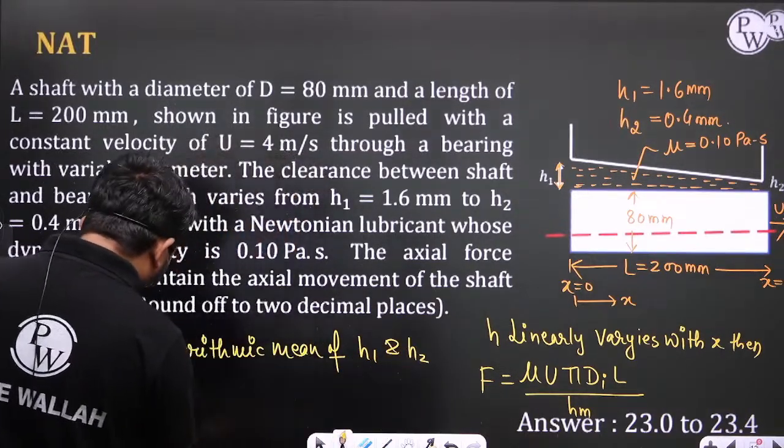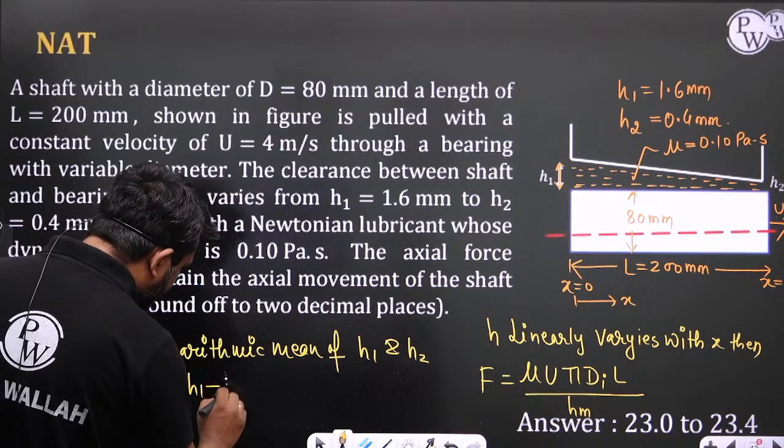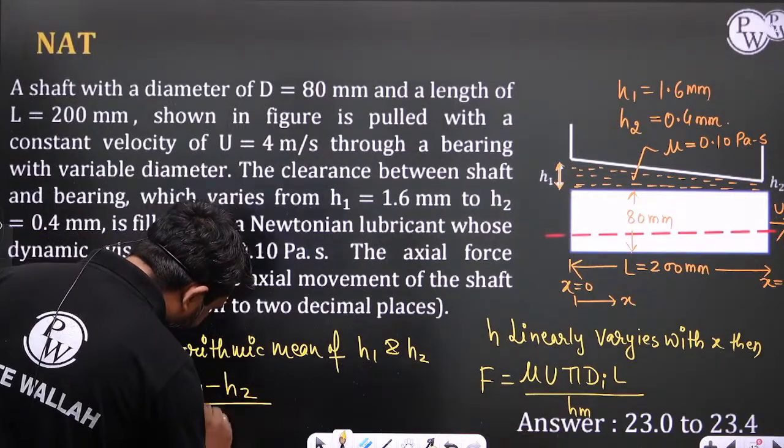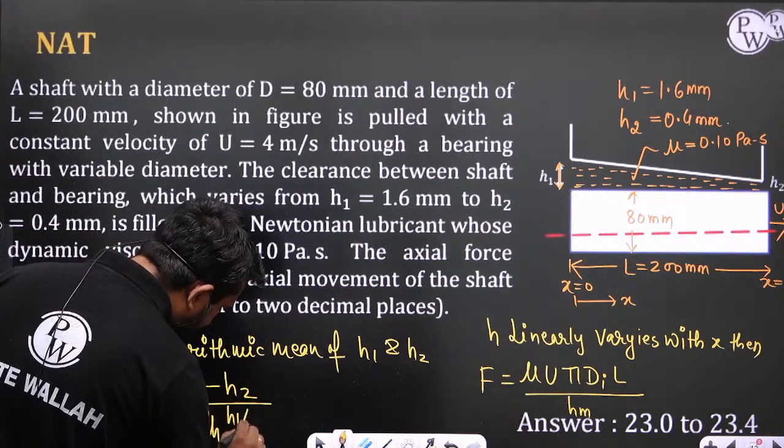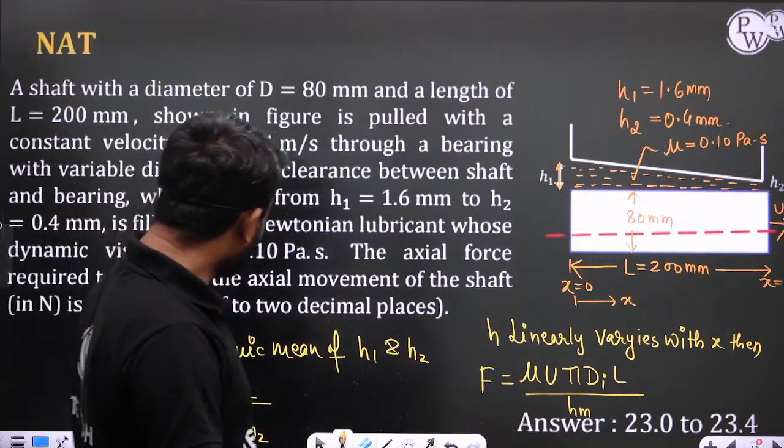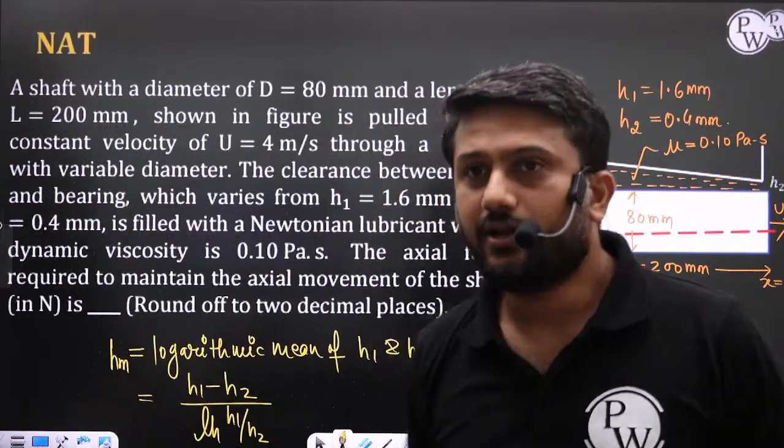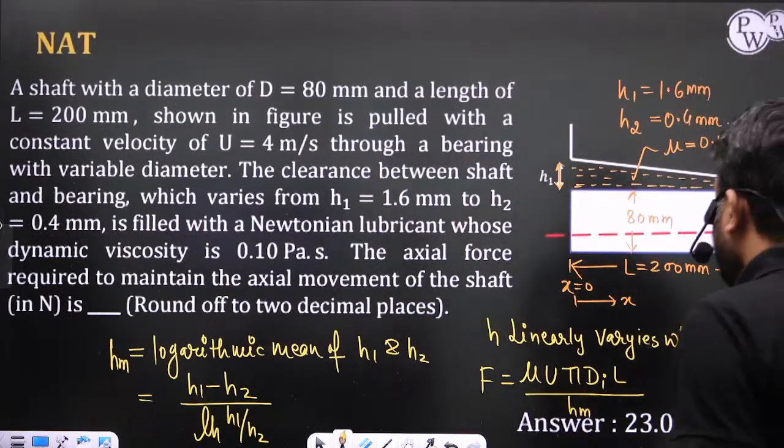So simply you can write this is equal to H1 minus H2 divided by natural log H1 by H2. So this is the HM.